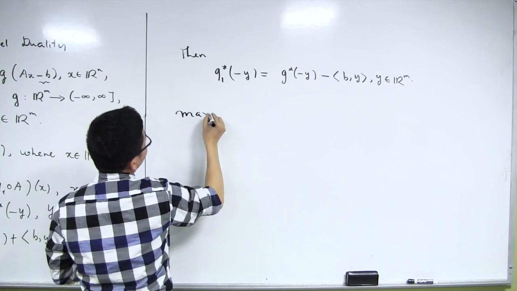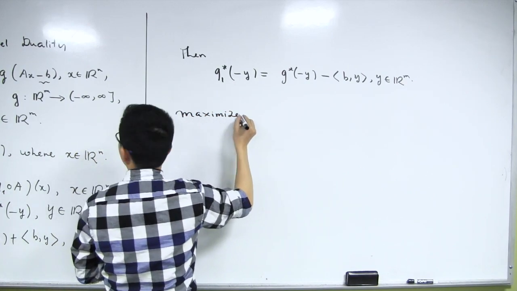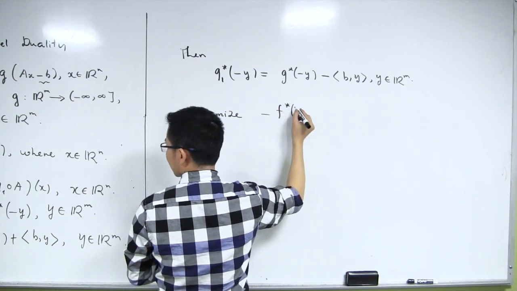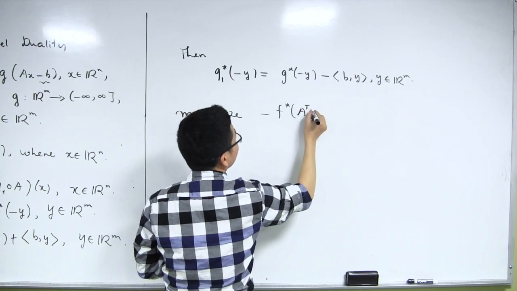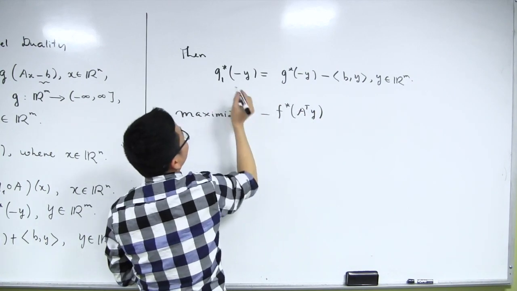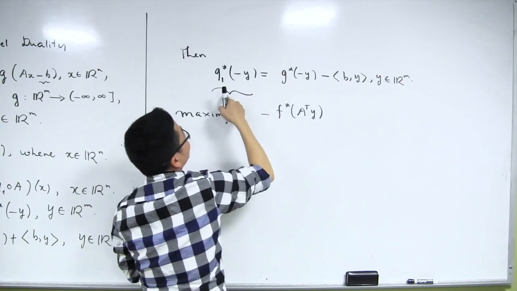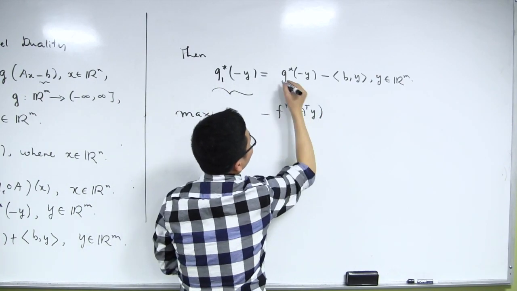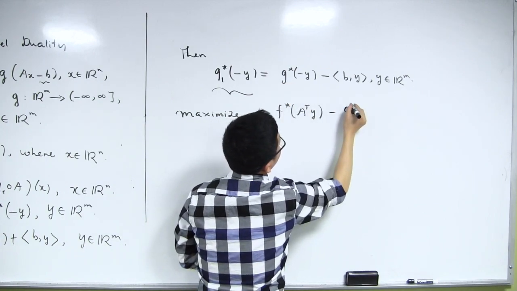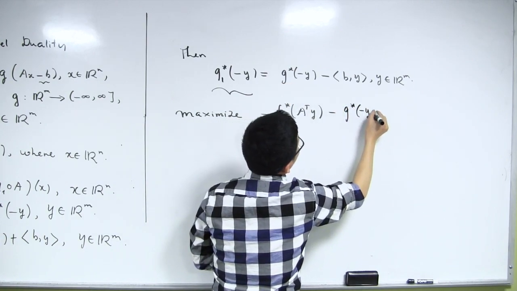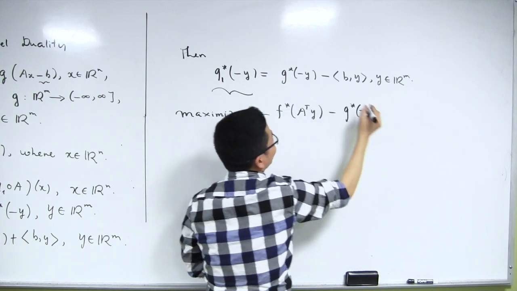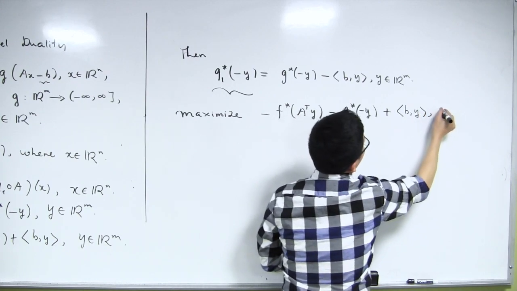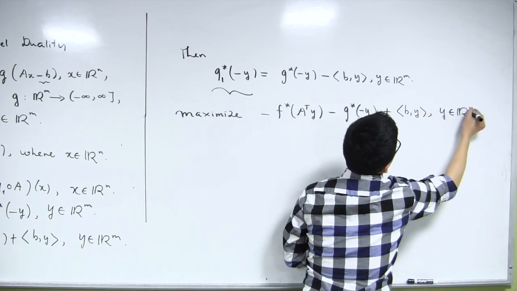We want to maximize: the first part is minus f star of A transpose times y, and the second part is minus g1 star of minus y. So it becomes minus g star of minus y, and this minus becomes plus, plus the inner product of b and y, where y runs in R^m.